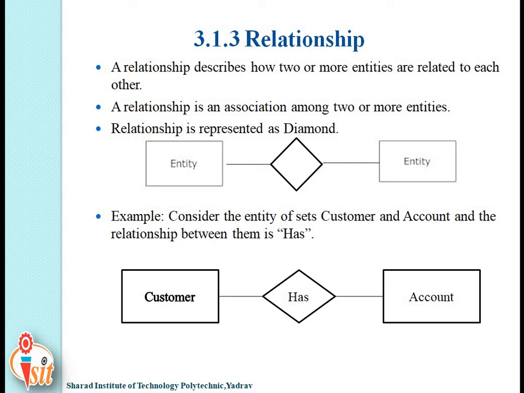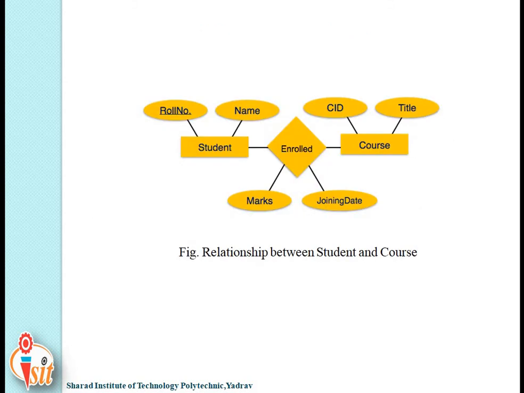There is one example of relationship. Consider the entity sets customer and account, and the relationship between them is has, that is, customer has an account. This is known as a relationship. Here we will take another example of relationship. Student and course sets have an enrolled relationship.